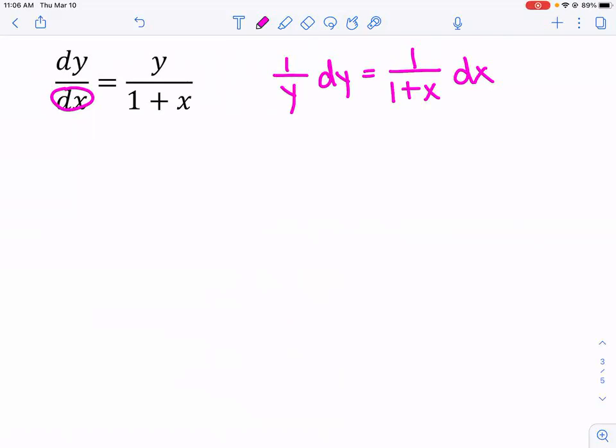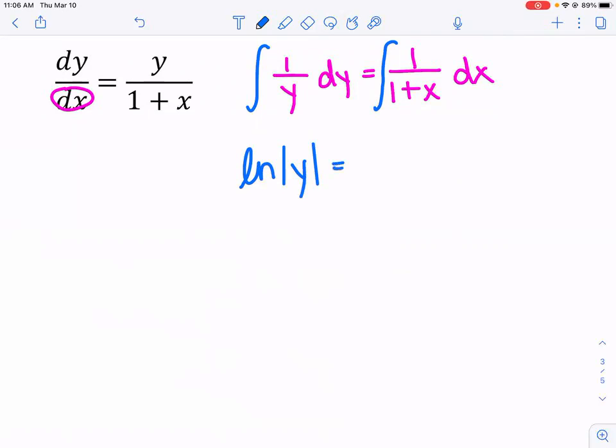Okay. Well, now we need to integrate. Antiderivative of 1 over y: natural log of the absolute value of y. Okay.